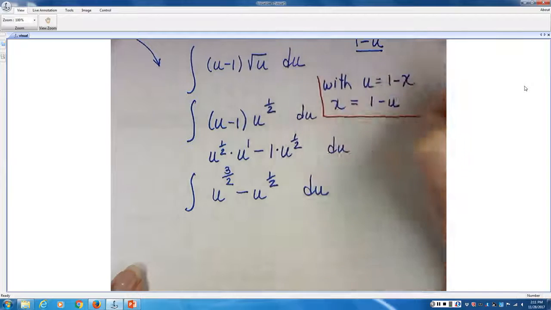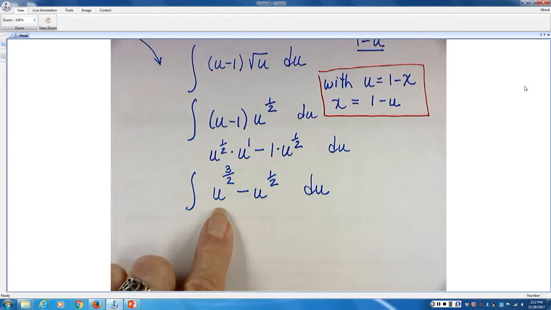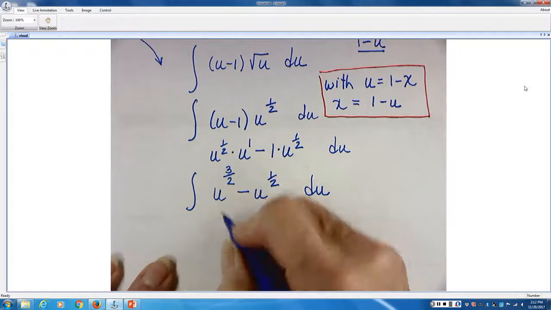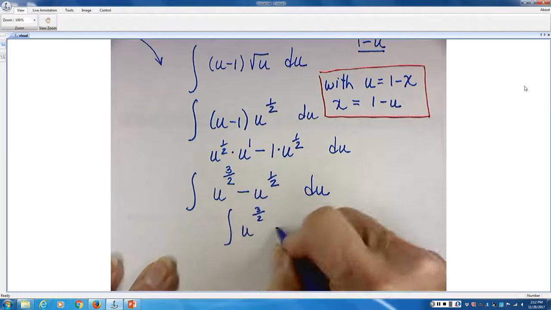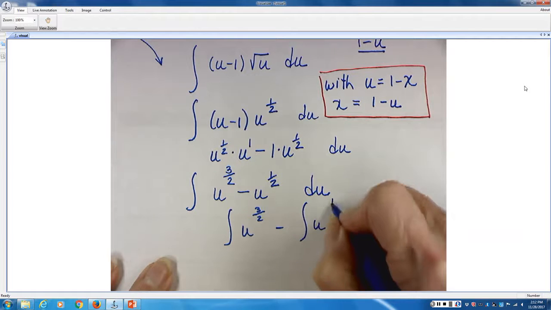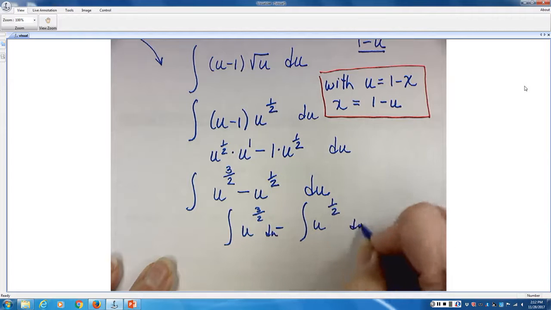So this is the u substitution that we made. We had to be creative about how we made it. This is just a power rule now. We can break it up into 2 pieces and do each term individually. Both of these have their little du after them.